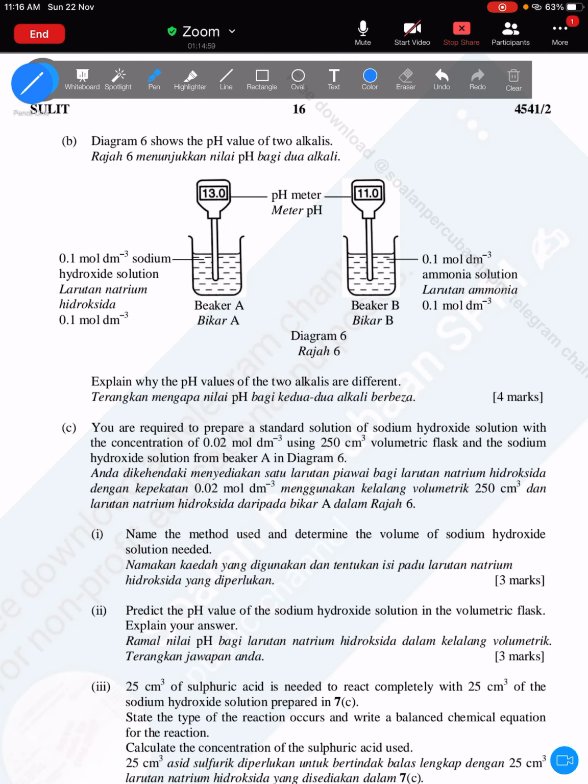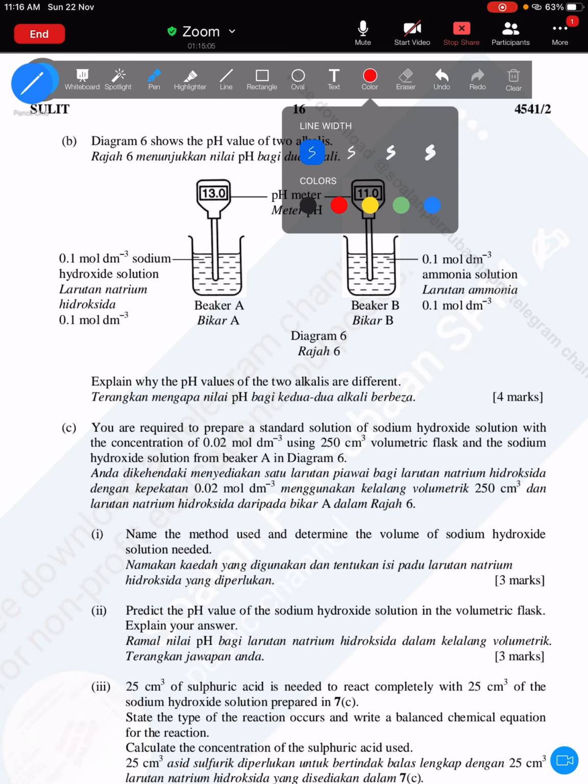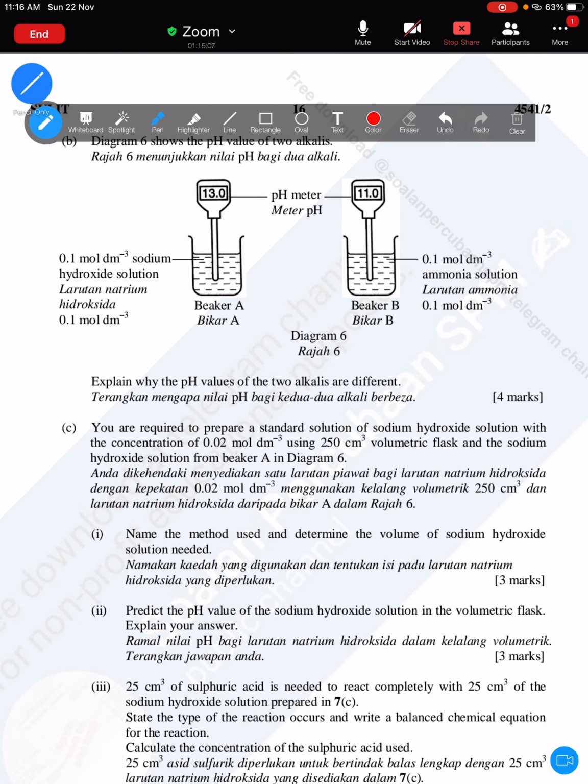Now you look at question number C. A much longer question. Wait. We try to understand what is the need of the question.